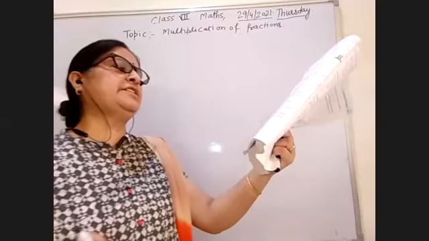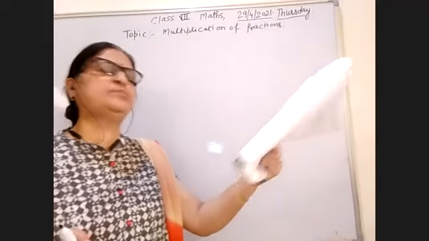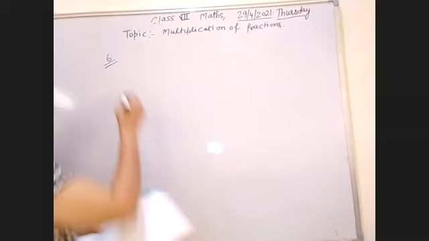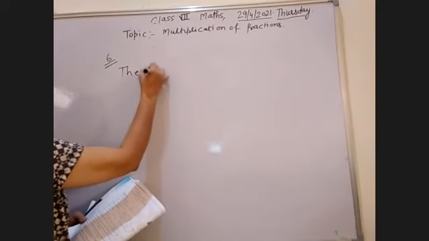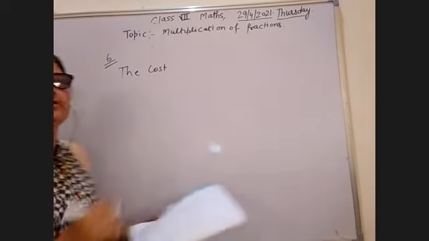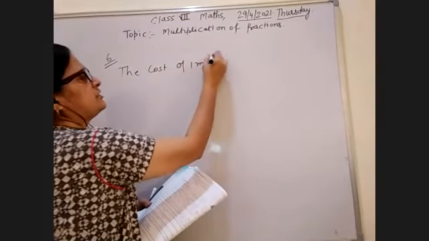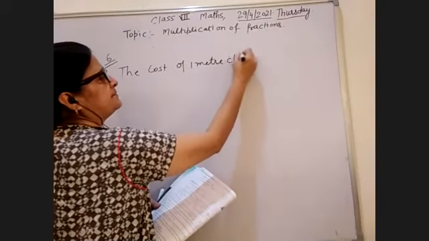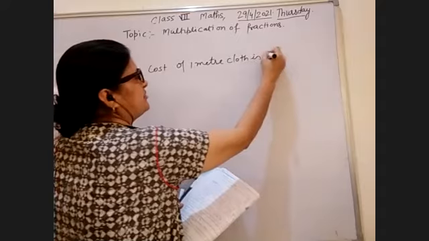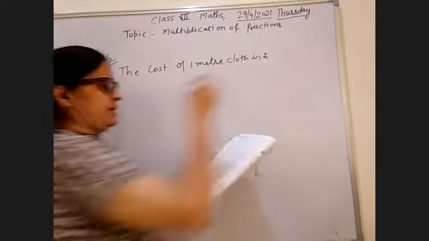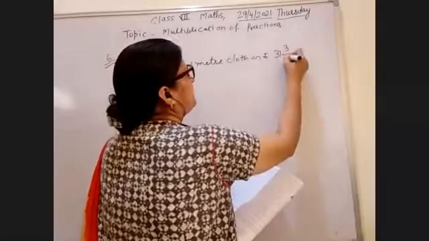Sixth question is, if 1 meter cloth costs rupees 31:3/4, now these are your statement questions. The cost of 1 meter cloth is 31:3/4 rupees.